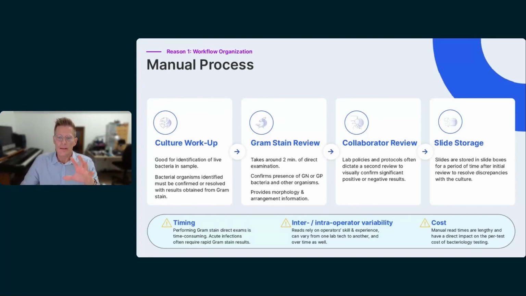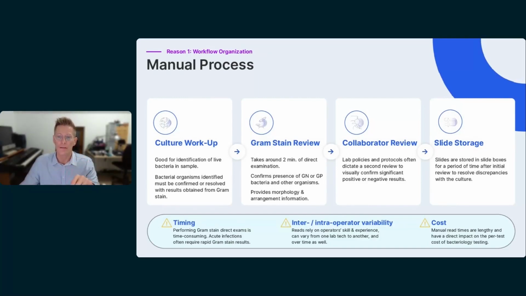Now, this has a direct impact on the timing because the gram stain takes a lot of time, in addition to the fact that acute infections need quick response. But you also get inter- and intra-operator variabilities, which are just due to the human condition, and manual read times, they just cost the lab money.